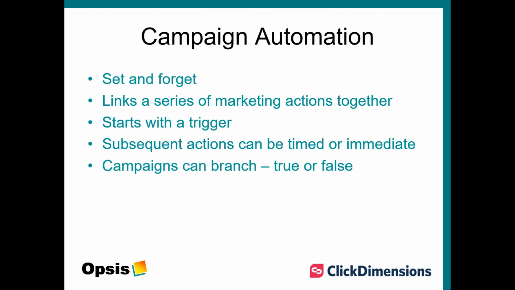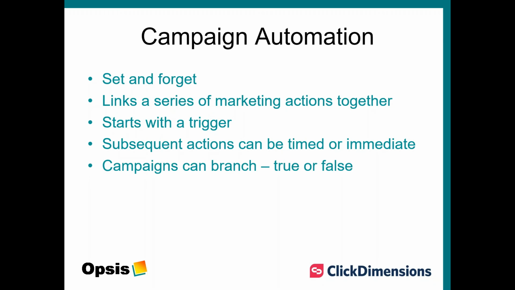Another example of a branch is you might look at the age of a contact. And if they're above a certain age, you send them email 1. And if they're below that age, they get sent email 2.